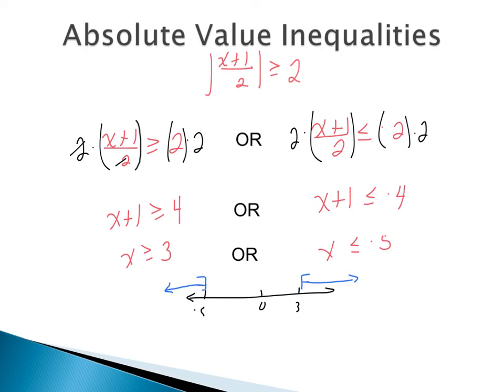So with that or, when we graph it, we can see that there is a space between both of our inequalities. So then writing this in interval notation, we would have, starting at the left, negative infinity to -5 with the square bracket, and instead of writing an or, we use the union symbol, then square bracket 3 to infinity.